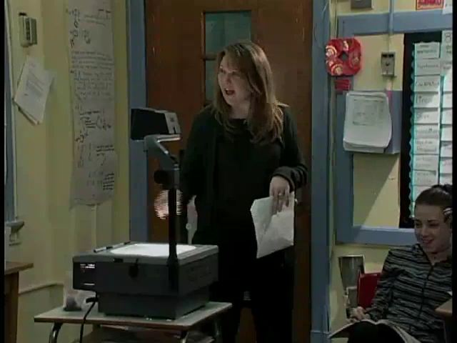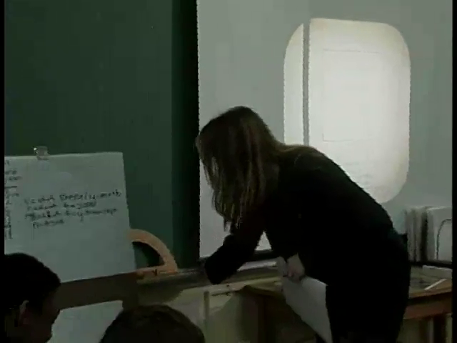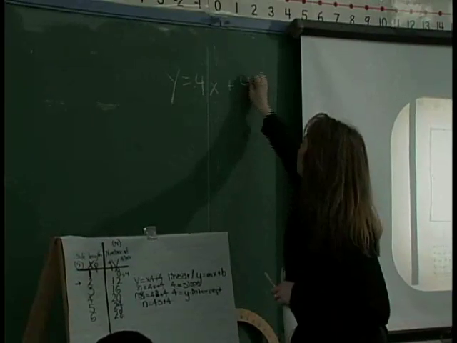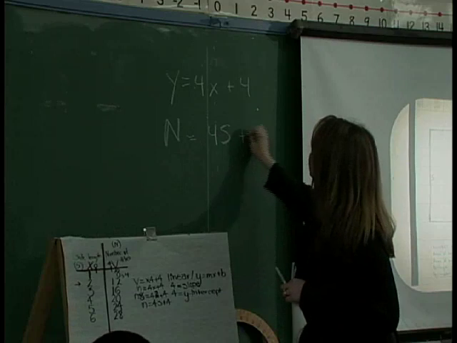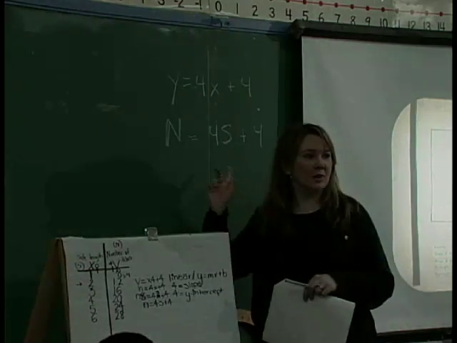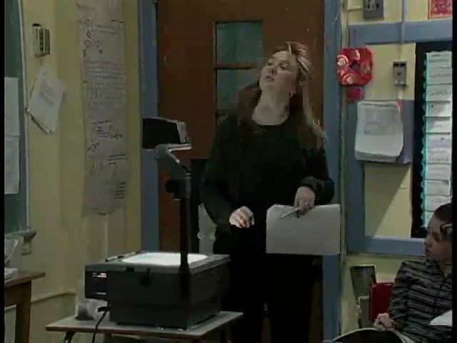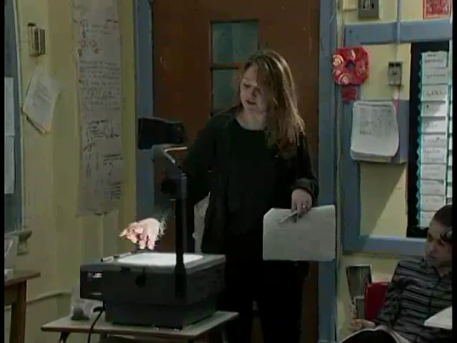So how can we take our equation, which is y equals 4x plus 4, or the other way we said was n equals 4s plus 4. How can we take that equation? We know that equation works according to our table and our graph. How can you take that equation and make it make sense with this picture? What does each part of the equation represent in terms of something on the diagram?